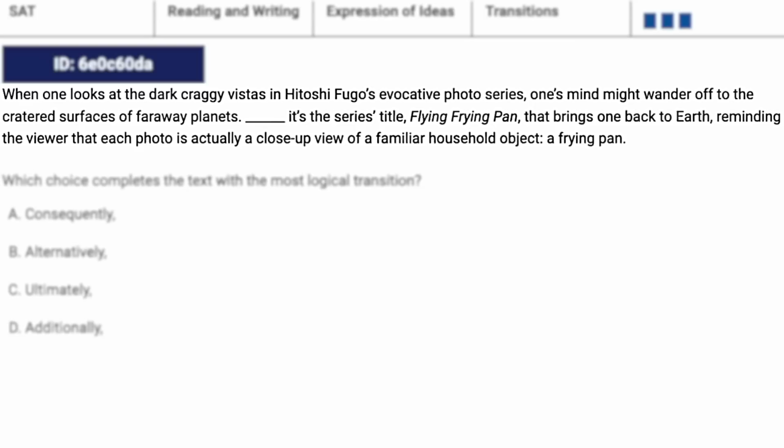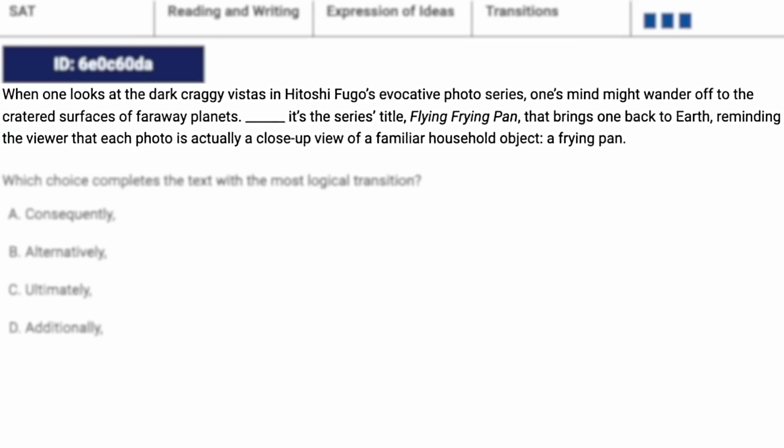When one looks at the dark, craggy vistas in Hitoshi Fugo's evocative photo series, one's mind might wander off to cratered surfaces of faraway planets. Then we have our blank space. It's the series title, Flying Frying Pan, that brings one back to Earth.